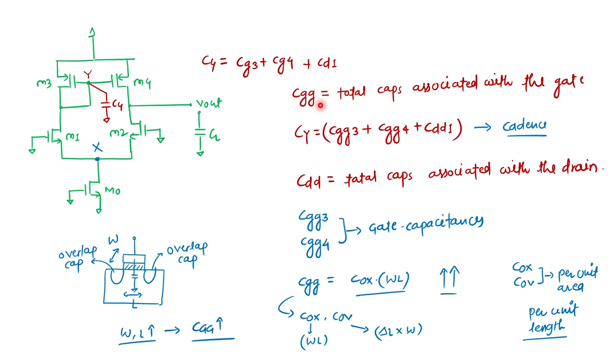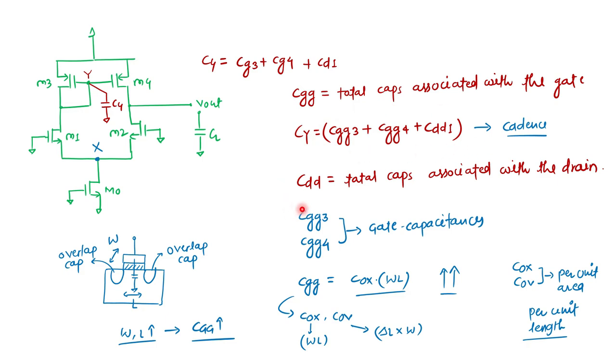CGG is nothing but the total caps associated with the gate. Same for CDD, the total caps associated with the drain. So what is Cy then? Cy can be written as CGG3 plus CGG4 plus CDD1. This is the total caps contributed at the Cy node.